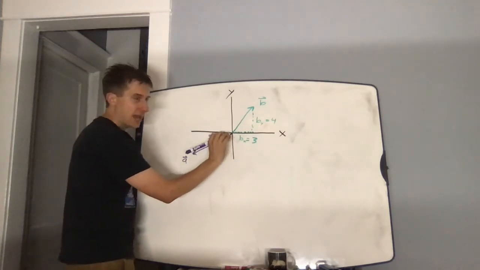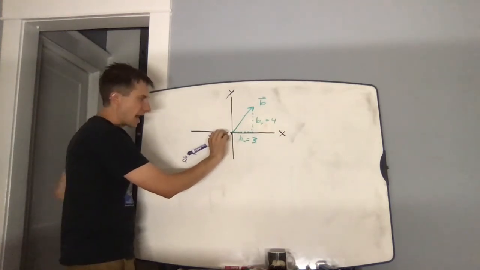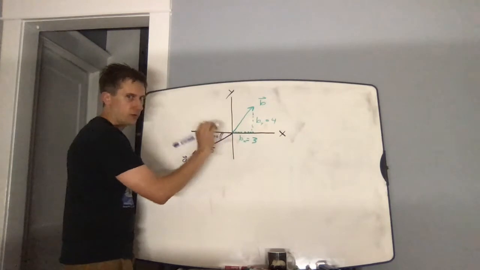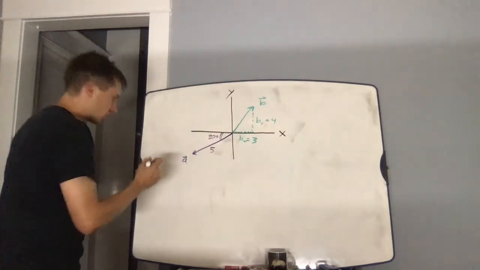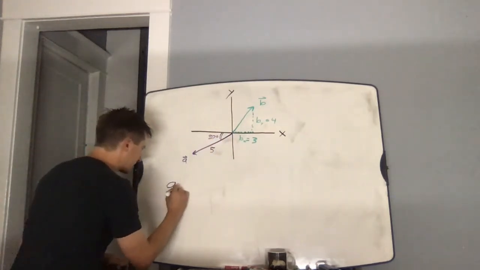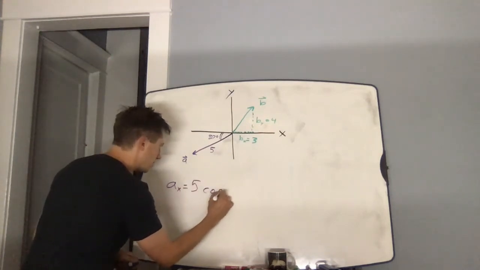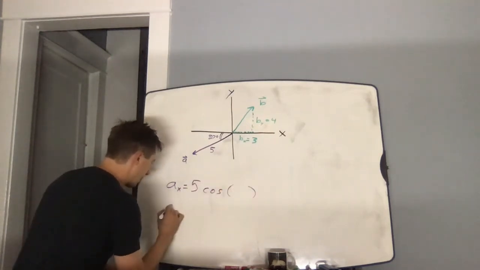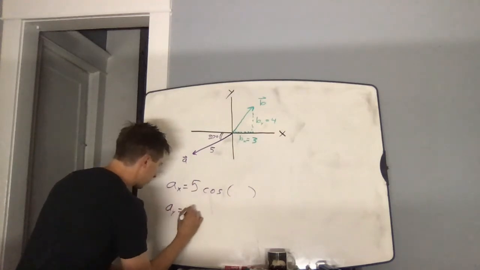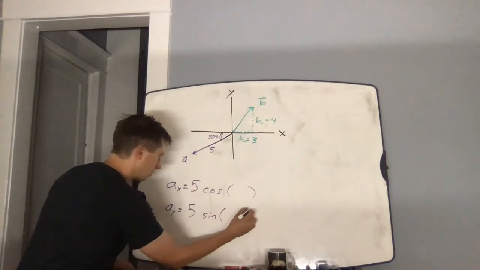And once I do that, I just ask how much of an angle did I rotate through, and that's the angle I use. So I could say Ax is equal to 5 cosine of an angle. Ay is equal to 5 sine of an angle.